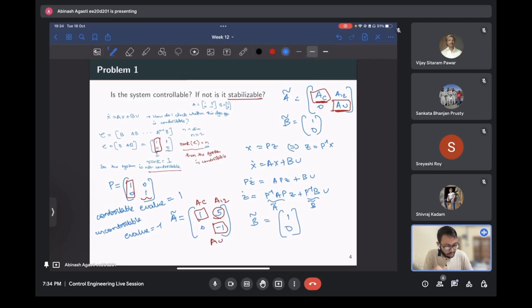Because here the controllable eigenvalue is unstable, but since it is controllable, we can apply appropriate control to shift that eigenvalue location to the negative side. And the uncontrollable eigenvalue, on the other hand, is stable. So basically the entire system is a stabilizable system. Is it clear till now?